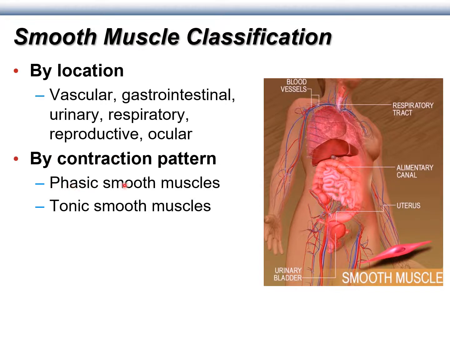We have what are called phasic smooth muscles, which are generally relaxed and then transiently contract. Skeletal muscles have a phasic form of contraction pattern, generally speaking. They stay relaxed most of the time and then they contract transiently. Then we have these really interesting smooth muscles that are called tonic smooth muscles that stay contracted, and they can stay contracted for hours and days.